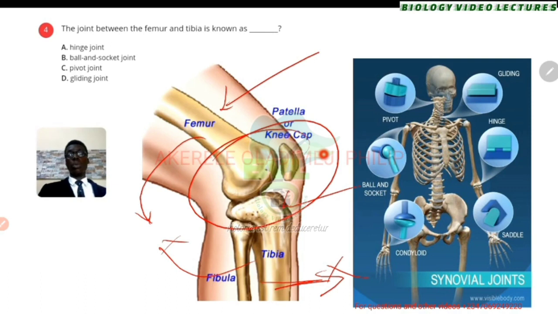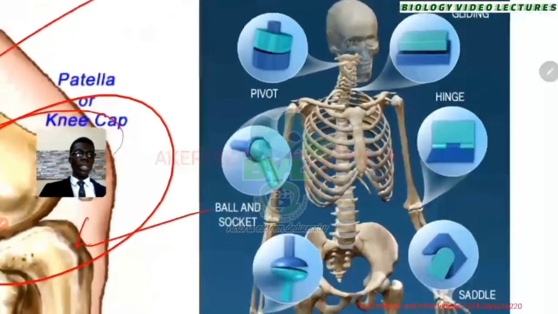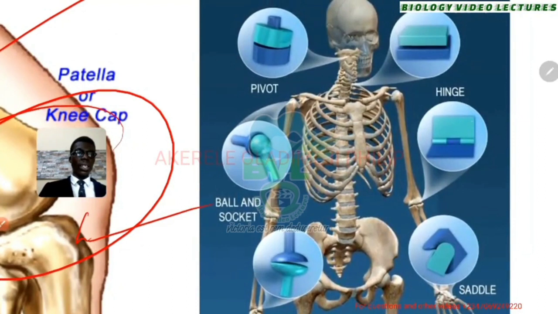No matter how flexible someone is, if you go beyond that angle, the hinge is going to break. This can move this way and that way, but if you try to move it backwards, it's going to snap off. That's the reason why it's called a hinge joint.